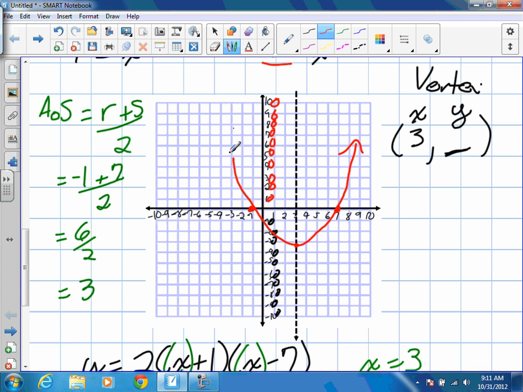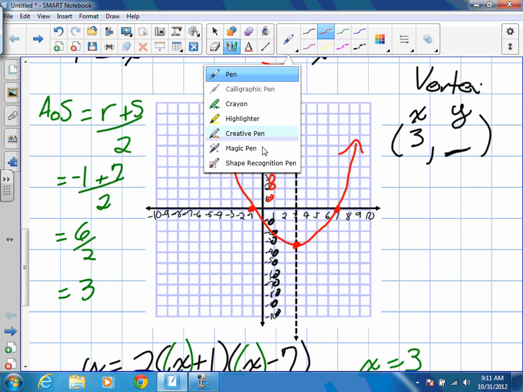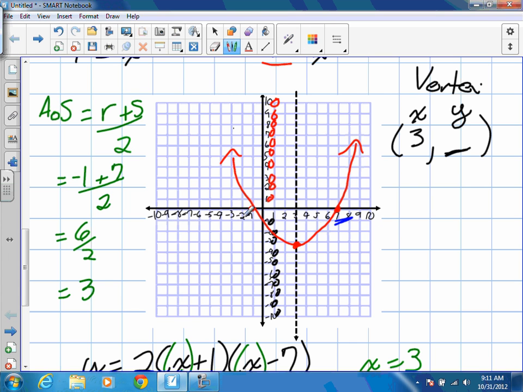We use the x-intercepts to figure out where the vertex was. We use those 2 points to find out the vertex. Those 2 points were the r and s, which were positive 7 and negative 1. And our vertex was at 3 and negative 32.